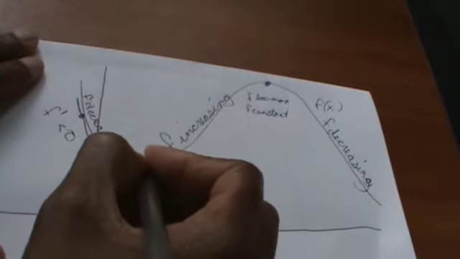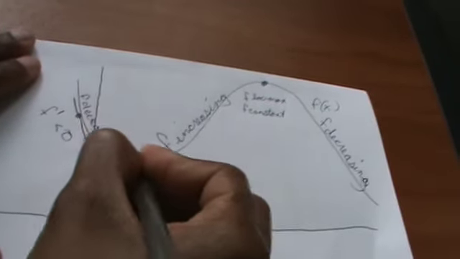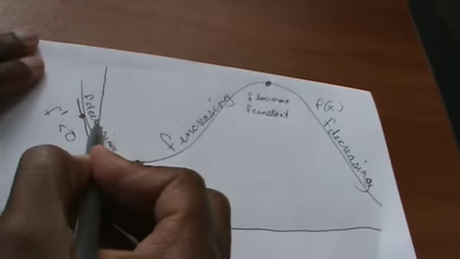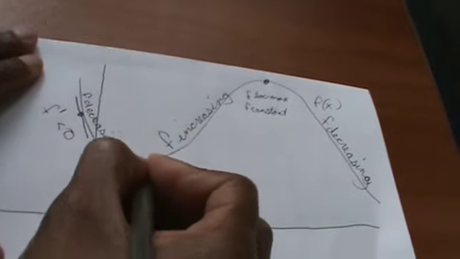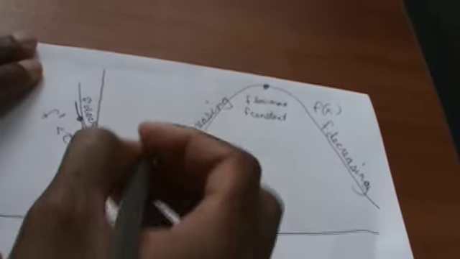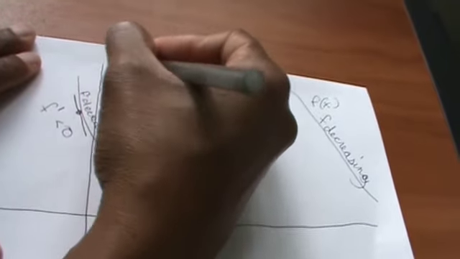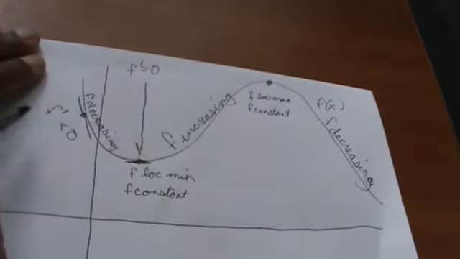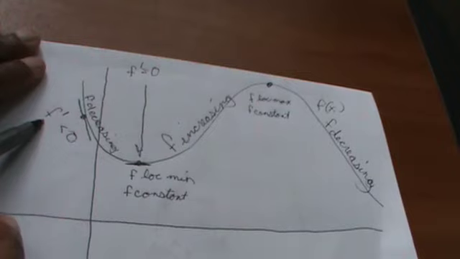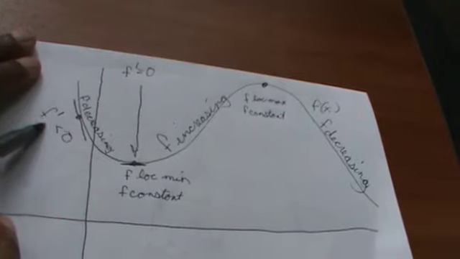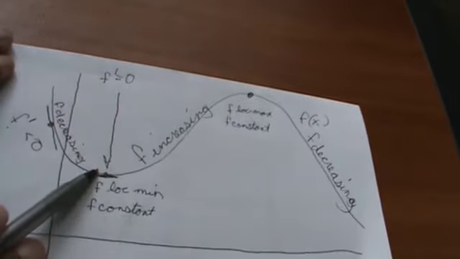Okay, so then we get here where we see a transition from your function decreasing to increasing. And at this specific point where this transition occurs right here, we could say that f prime equals 0, right? So you had a negative slope, and then you get to your point of transition where your derivative is equal to 0, right?